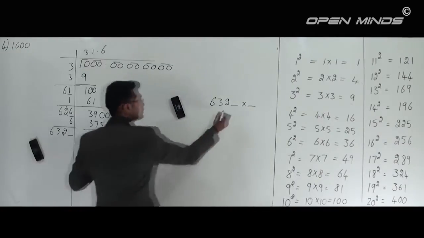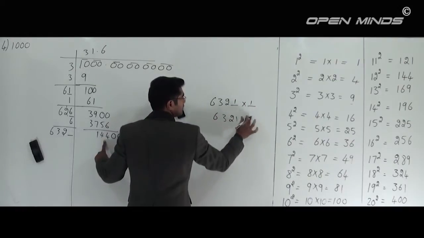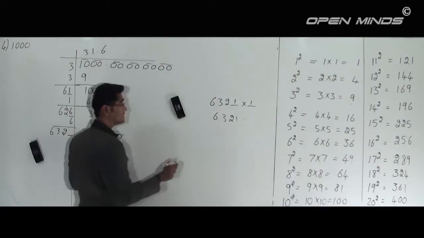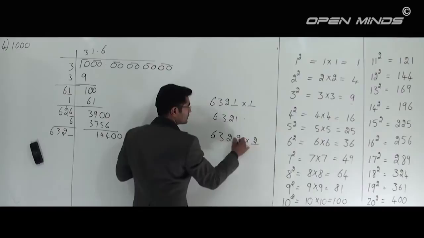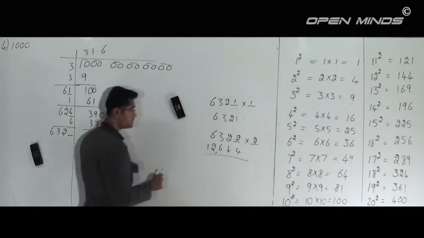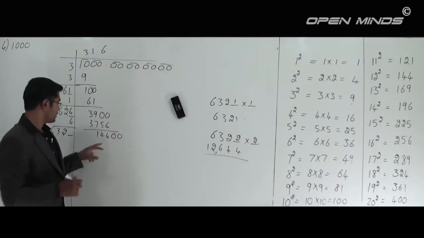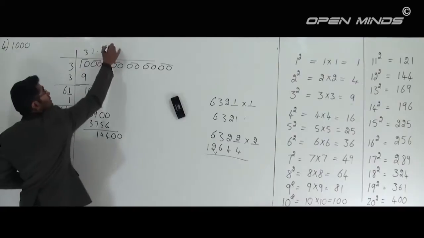If I even put 1, see what I get is 6,321. Well, that's pretty small. Can I use 2? I think 2 should work. 6 3 2. I'm taking 2 here and 2 here. It looks like 12,644, close to this. Good. So I can take a 2 here and a 2 here.